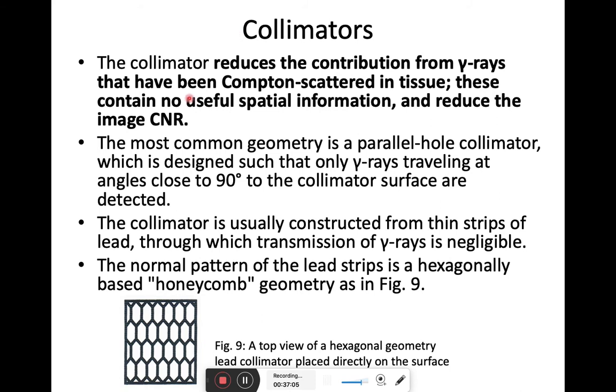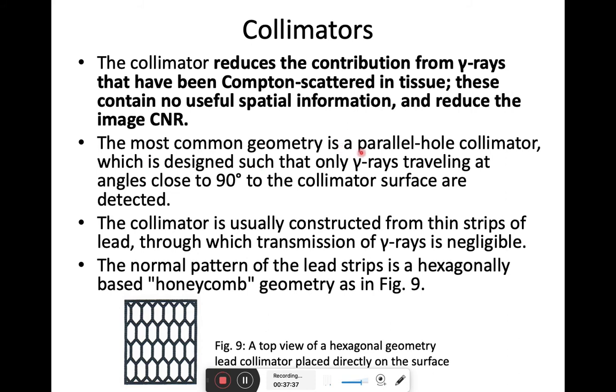The collimator reduces the contribution of gamma rays that have Compton scattered in tissues. You know that Compton scattered rays have no useful spatial information, and as a consequence they reduce the image CNR. That is why we need a collimator.